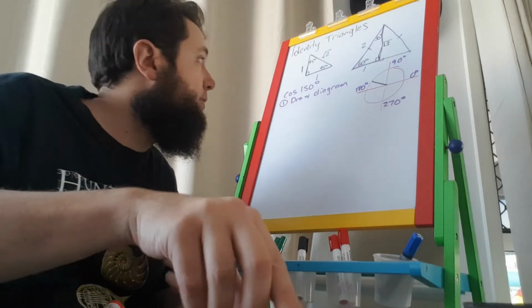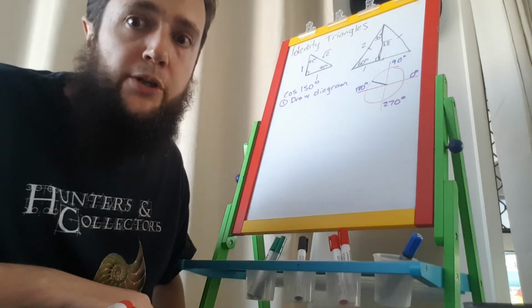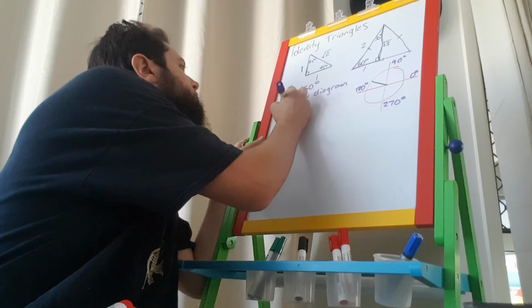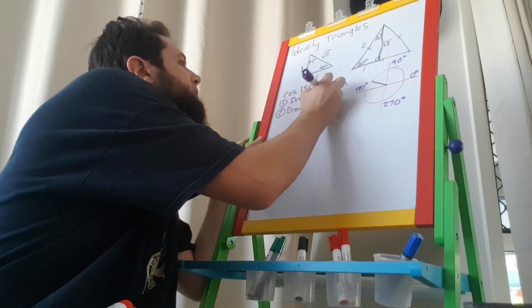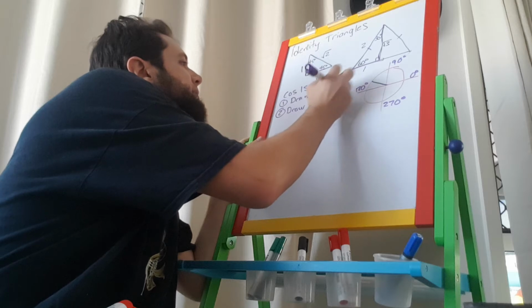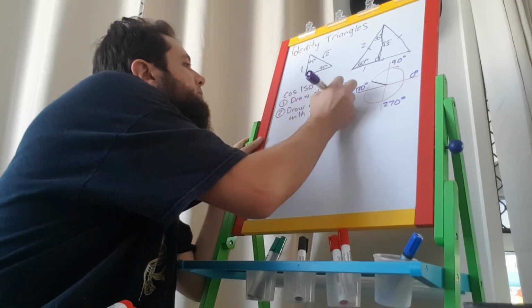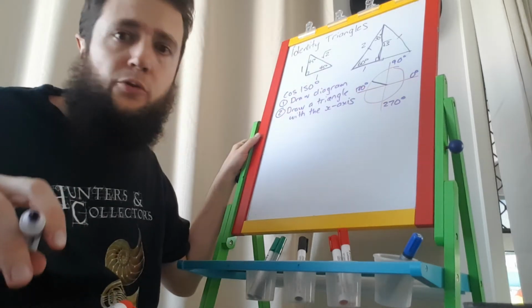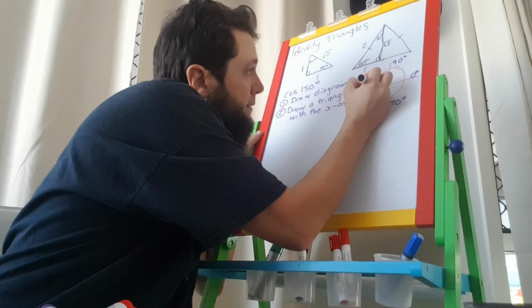Now the technique I use here may be a bit different to what you see elsewhere, but it works beautifully. Step 2: draw a triangle with the x-axis. So in the case here, to draw a triangle with the x-axis, I'll draw a line down.